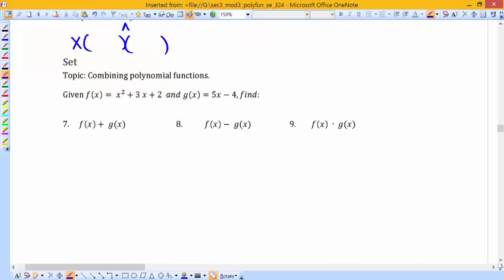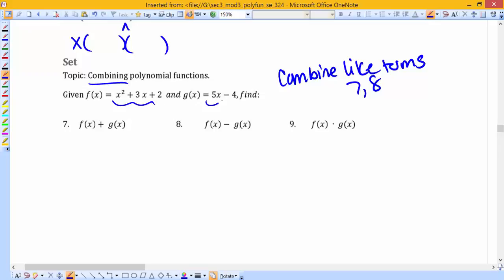All right, on this set, I'm not going to spend a whole lot of time. When it says combining polynomial functions, you're going to want to combine like terms. So in 7 and 8, those are the ones where you're combining like terms. So I see f of x plus g of x. I'm just going to combine my like terms.